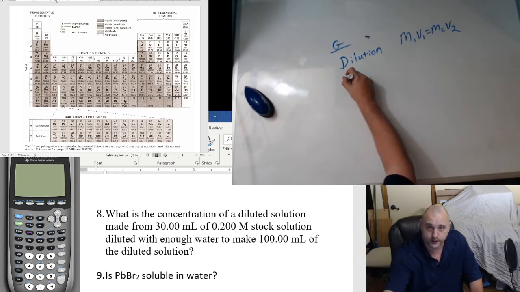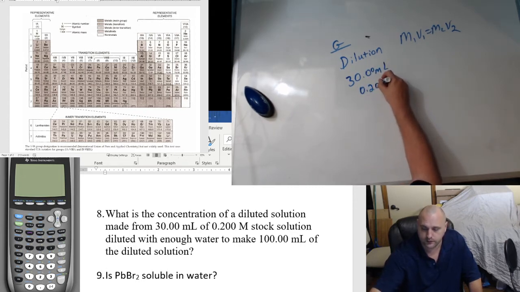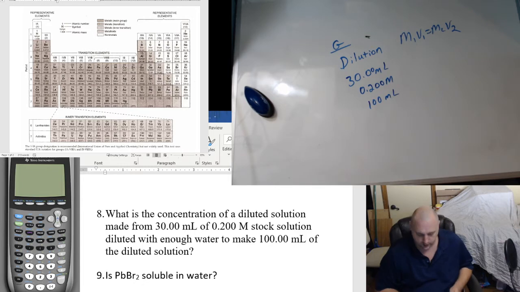And then I'm given 30.0 milliliters, 0.200 molar, and 100 milliliters. And I'm going to go ahead and apply a little trick for these equations.